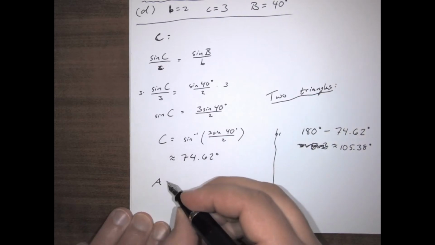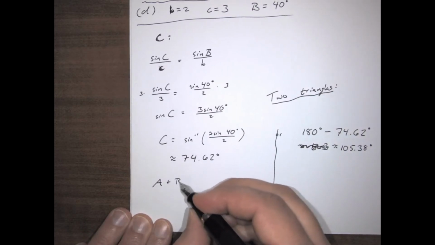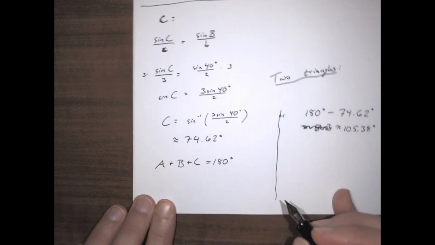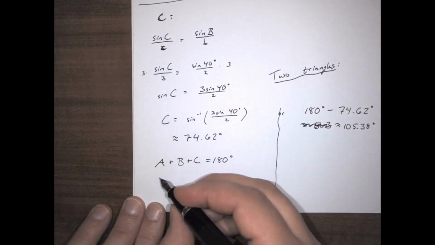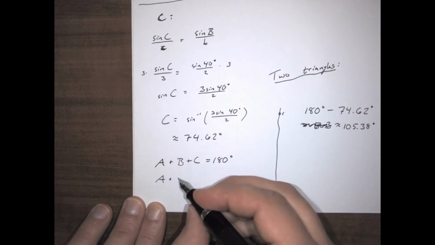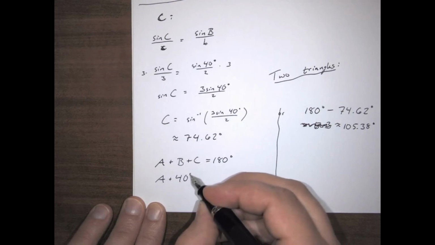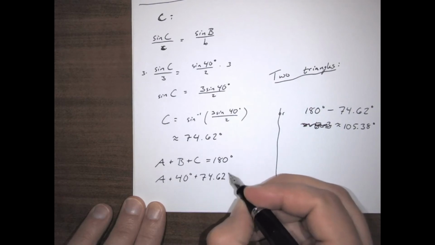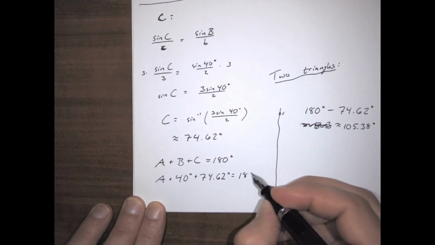So A plus B plus C equals 180. And so then that means that the mystery of the big A will be that it plus 40 plus 74.62 degrees equals 180.